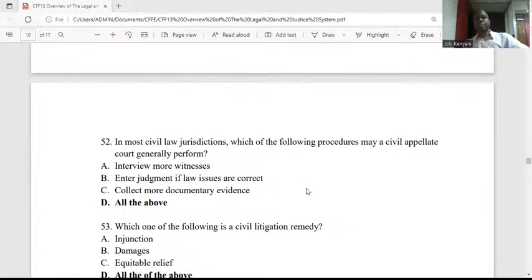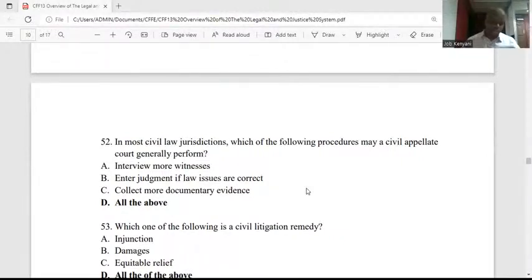In a civil law jurisdiction, they apply the judicial process known as inquisitional, whereby they do a lot of inquiries and investigations. Just remember, under a civil law jurisdiction, the court is able to carry out its own investigations before it gives out the verdict.